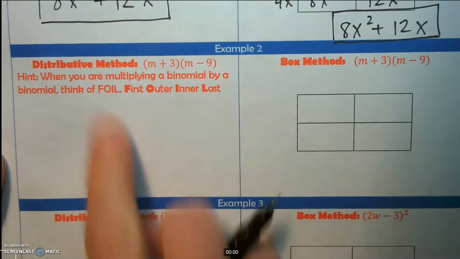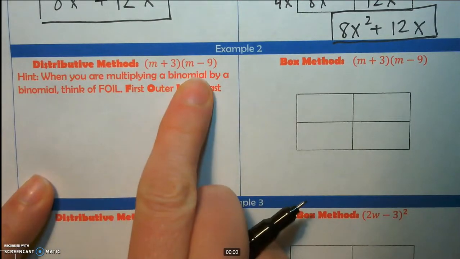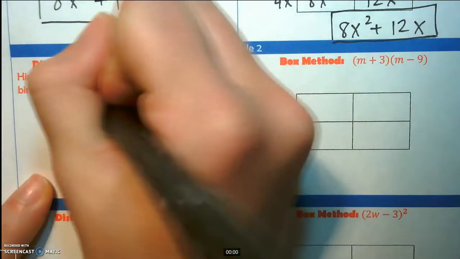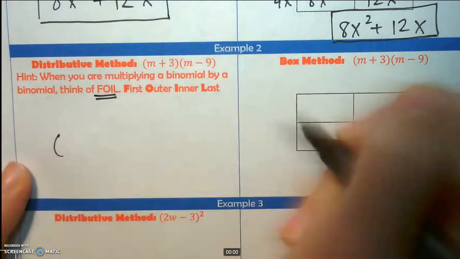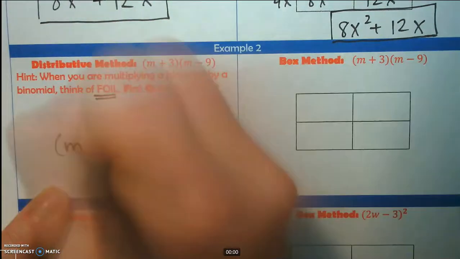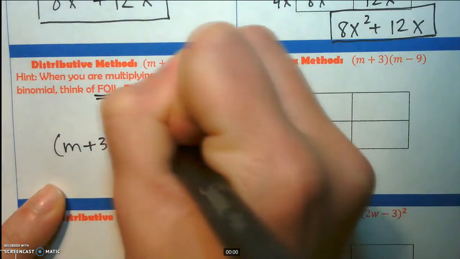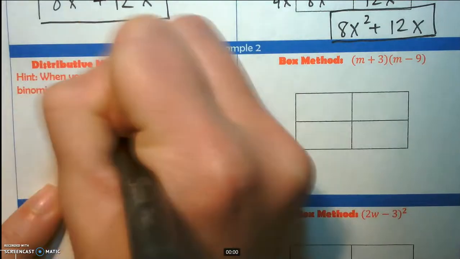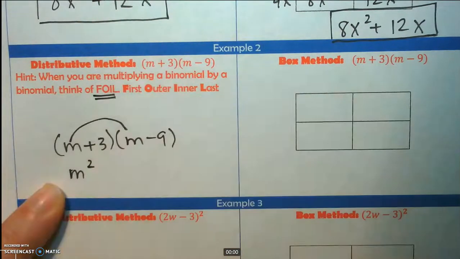Okay? All right. Now we're doing a binomial times a binomial, which is going to require you to FOIL. It's the biggest mistake that I see. Okay, so let's make sure that we take care of this understanding today. We have m plus 3 times m minus 9. First gives you m squared.